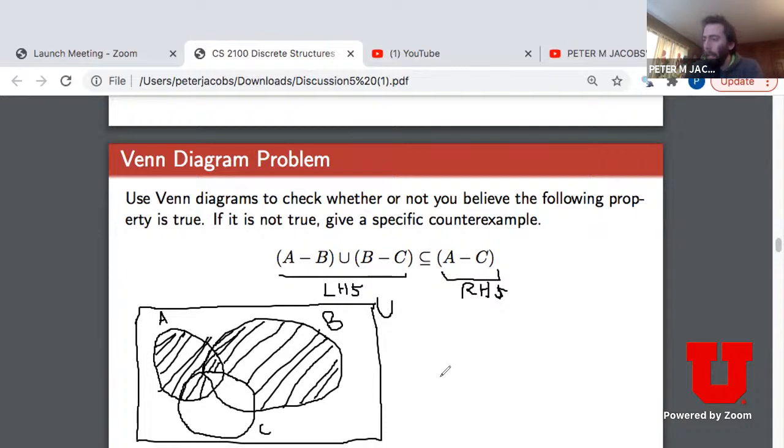The right-hand side is A without C. So I'll draw the diagonals in a different direction. Let's see here. Hold on a second. Okay, all right, that's fine.